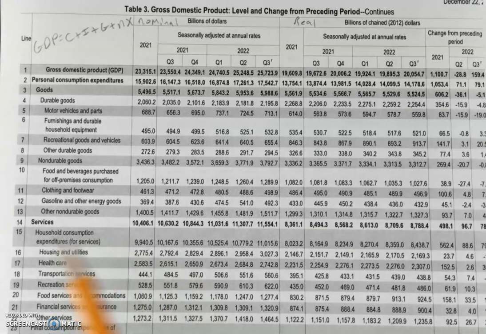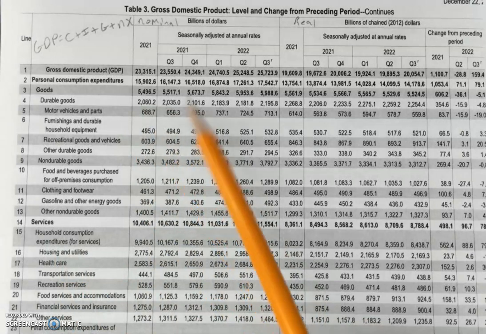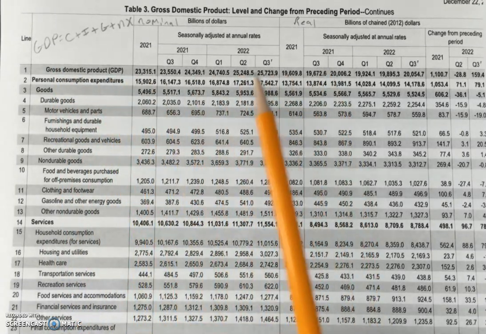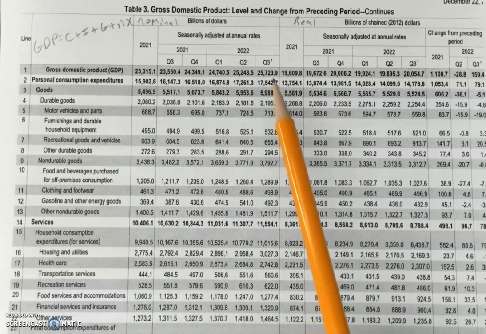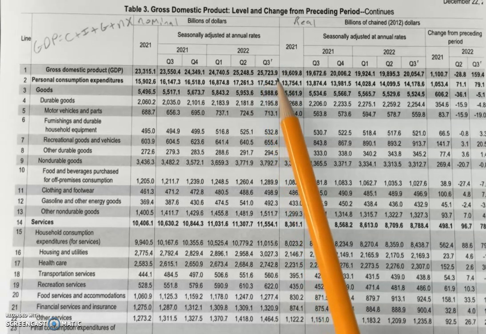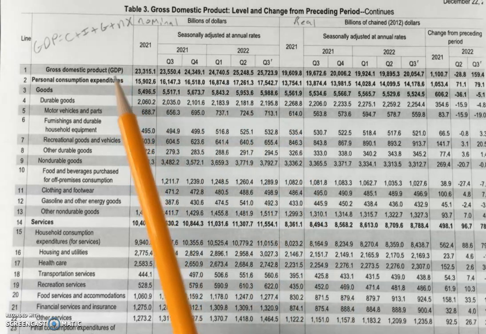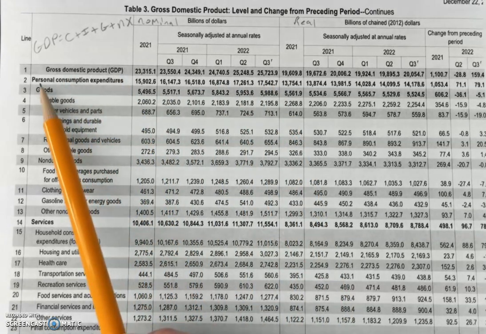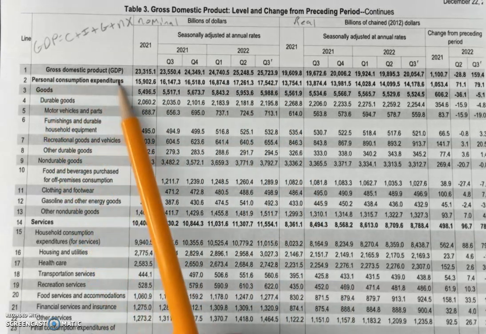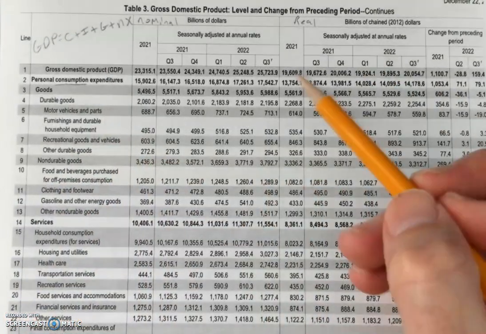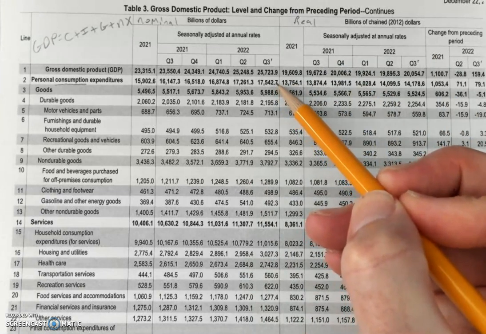Well, that's what we're getting here in the larger scheme of things. Here we have GDP. So, for example, let's use nominal data for now. In quarter 3 of 2022, gross domestic product was 25,723. Okay. And then you can break that down, and the component of that was personal consumption expenditures, or what we call consumption, was 17,542.